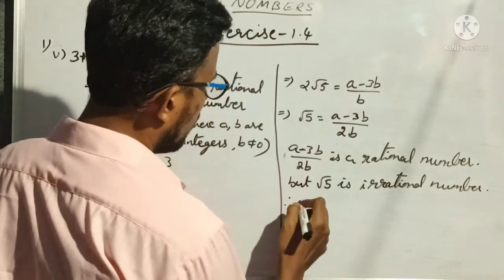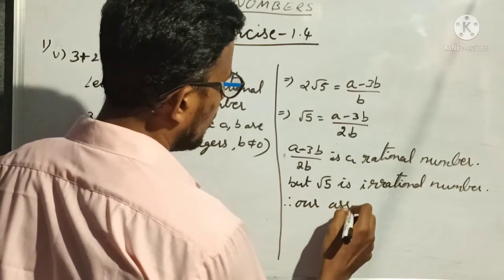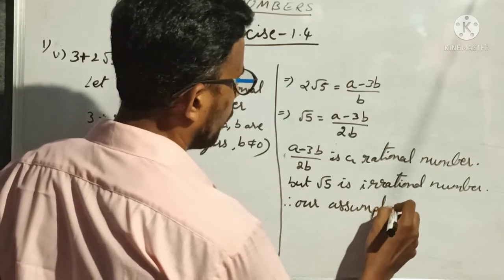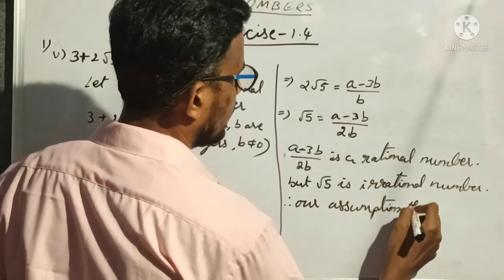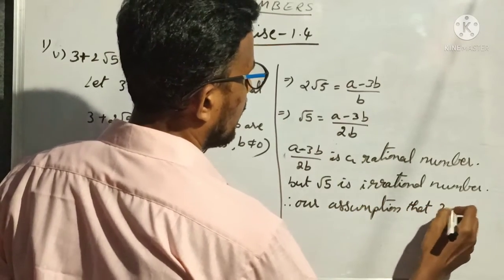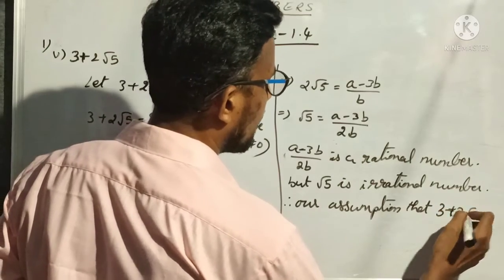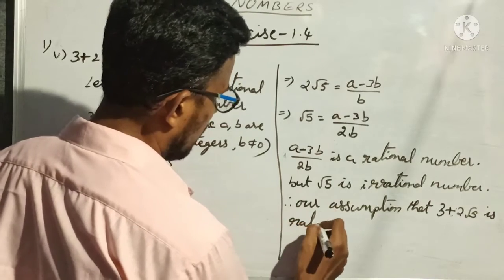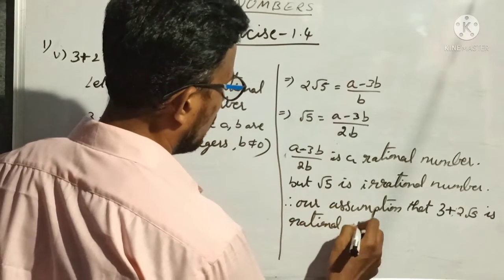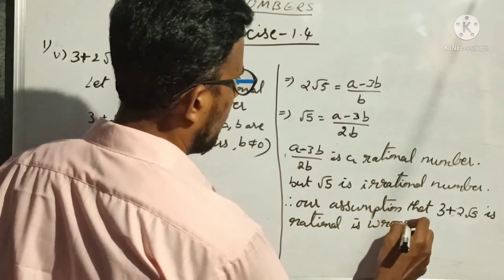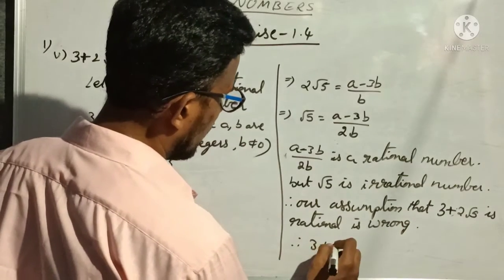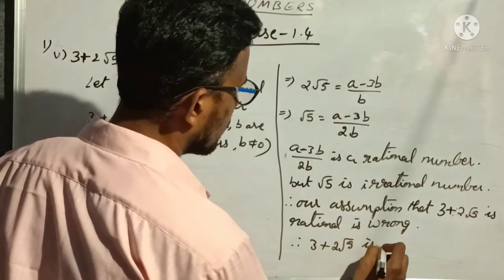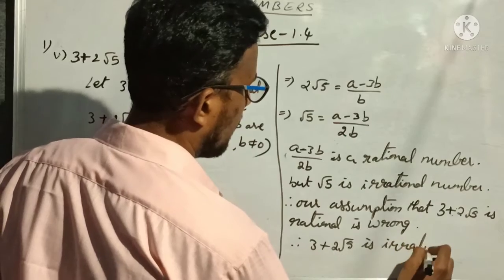right? Therefore, our assumption that 3 plus 2 root 5 is rational is wrong. Therefore, 3 plus 2 root 5 is irrational.